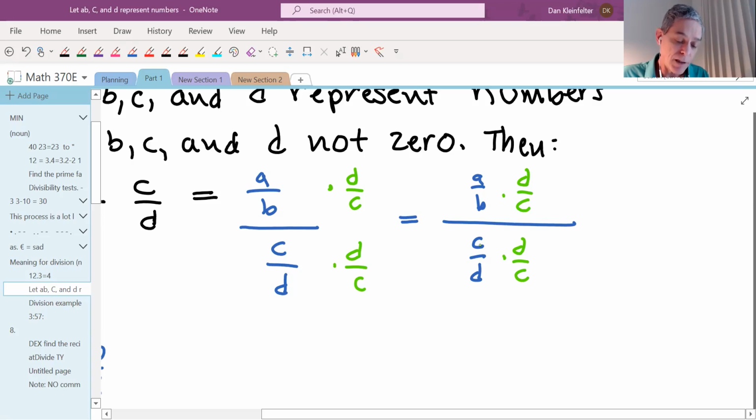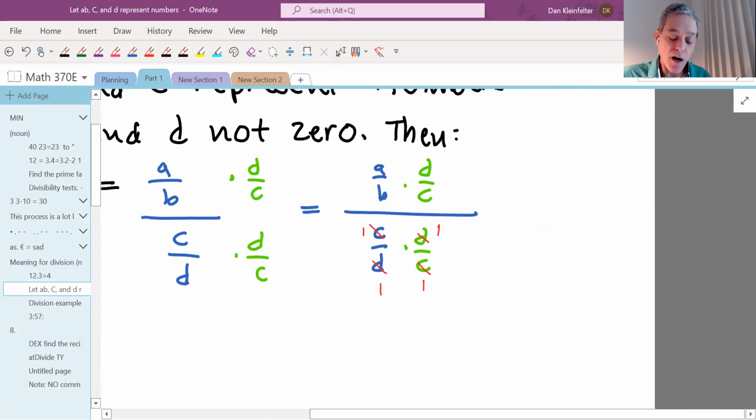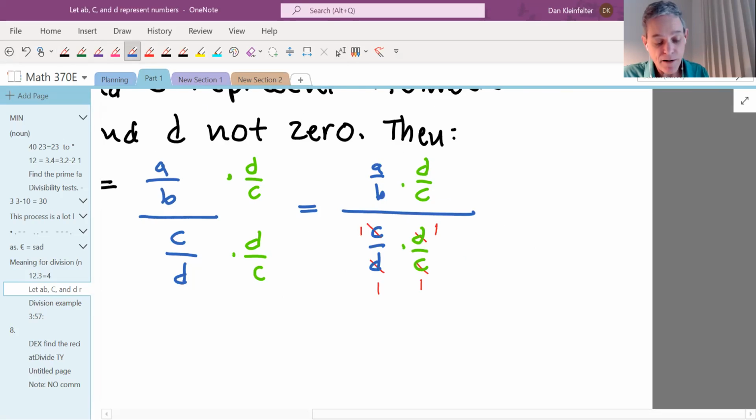All right, so then down below, you can see that we have C over D times D over C, and then we can use the fundamental property of fractions just down here and simplify out that common factor of C as well as the common factor of D. And all that's left in this whole denominator then is a 1.